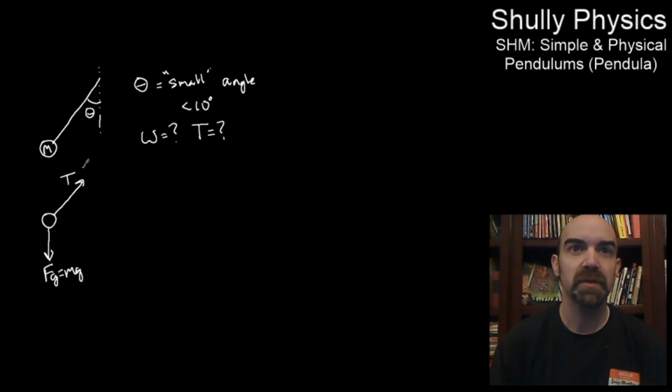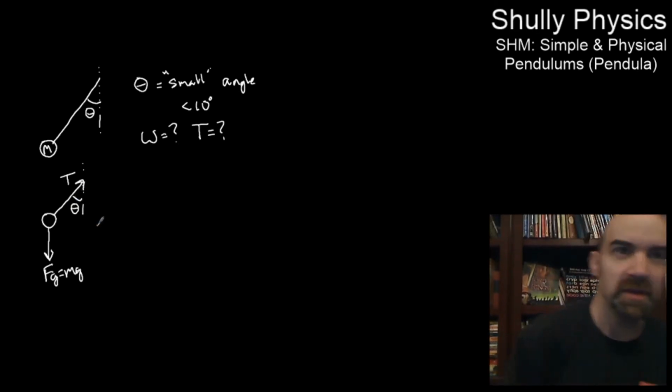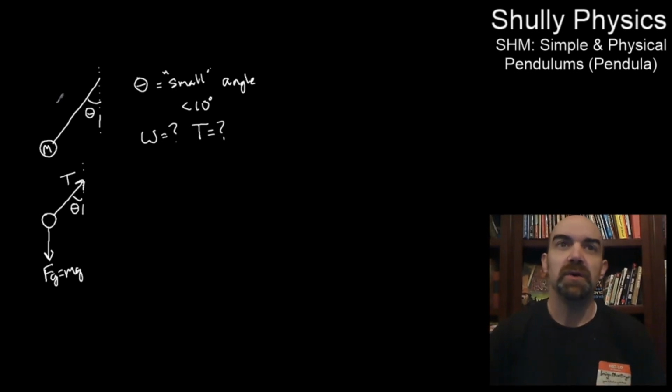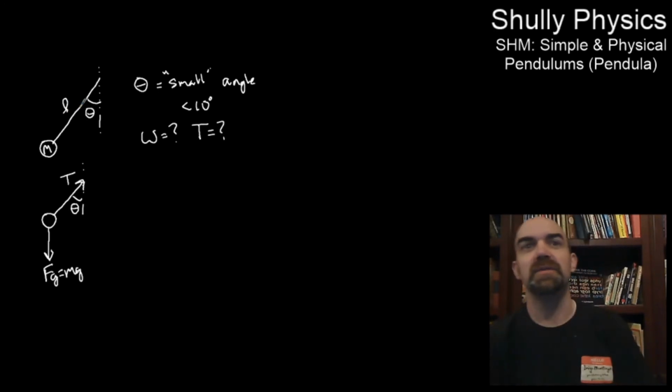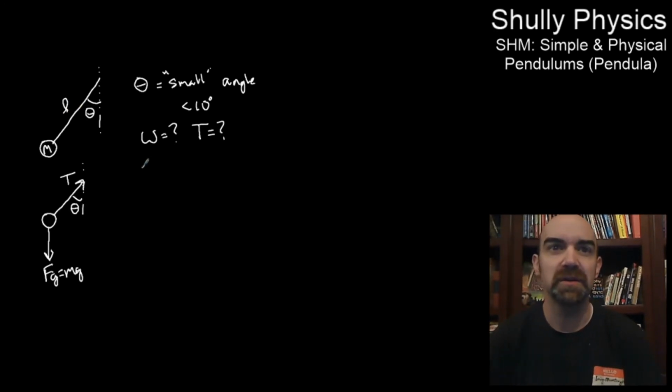And I'm going to go ahead and mark this is theta right there. One other thing that's going to be needed in the end is a length. So we're going to call the length of this tension line L, lowercase l. That's just one other little piece that's going to be needed. Look at the mass and the length, and here we go.